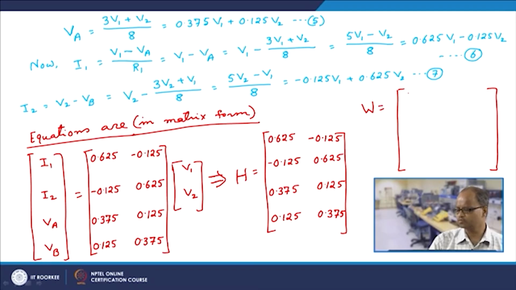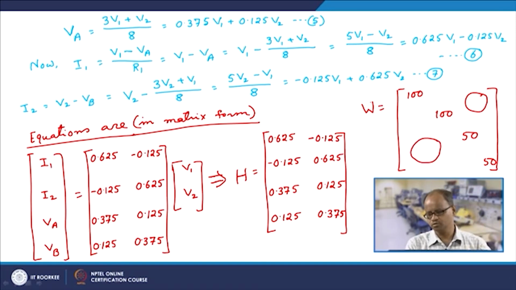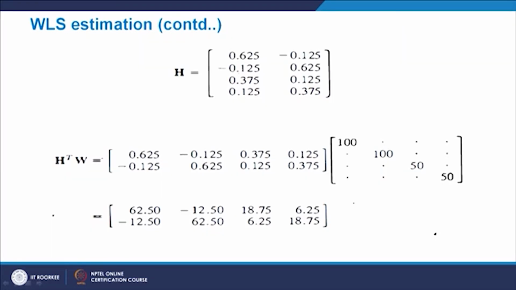So, it is a 4 cross 4 matrix: 100, 100, 50, 50, and the off diagonal quantities are 0. Then we do H transpose W.